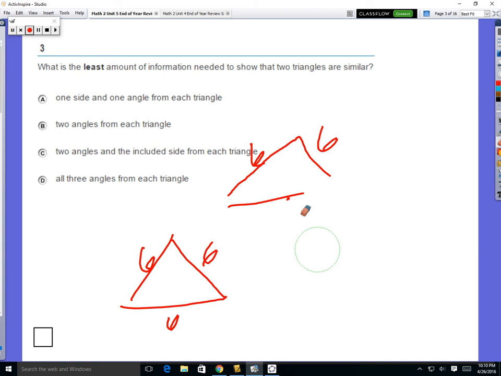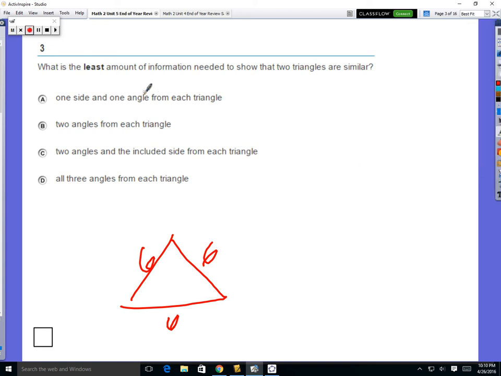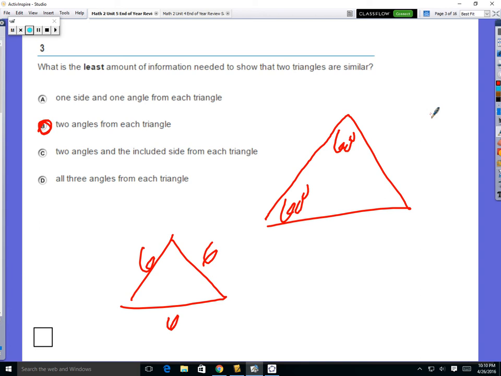So the minimum we need is one side and one angle, two angles and the included side, or all three angles. This can be B. All you need to know is two angles. Because if you're given a 60 degree and another 60 degree, and then some other triangle that has a 60 and a 60, you know all three had to add to 180, so the missing one has to be 60.